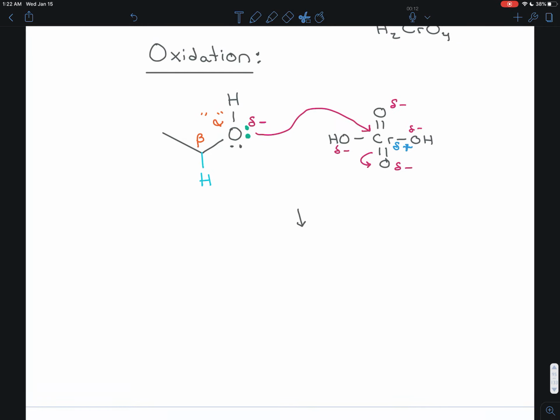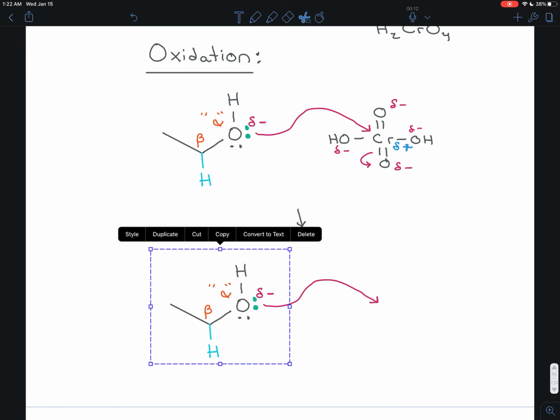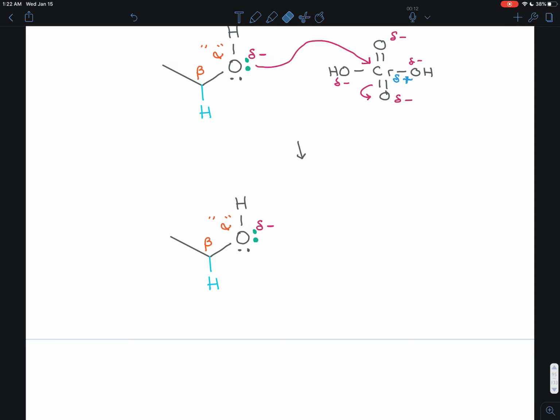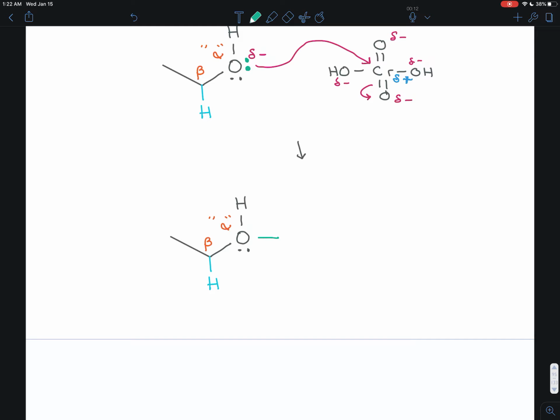So here, copy that, and this lone pair now will be to the chromium, which still has one double bond to the oxygen, and now two bonds to OHs, and that last one, that's just going to be a single bond to an oxygen.